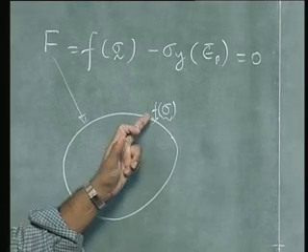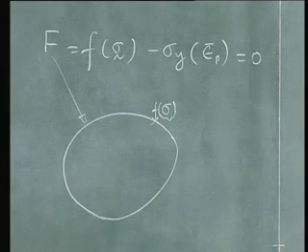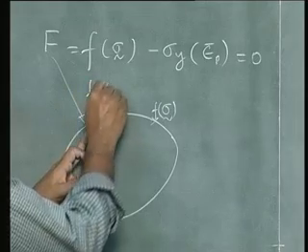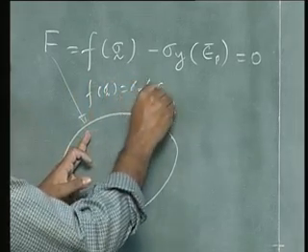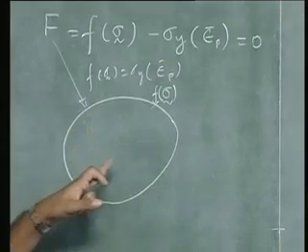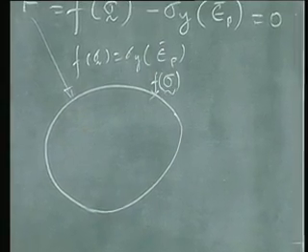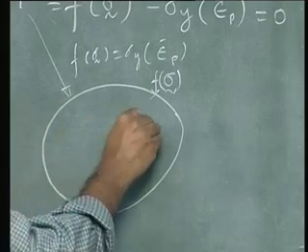This is the stress space, it's a function of sigma, and if you want to write down the equation of this, it is nothing but F of sigma is equal to sigma y of epsilon bar P. You can look at it like that. A point may lie on the yield surface, or it will lie inside the yield surface.